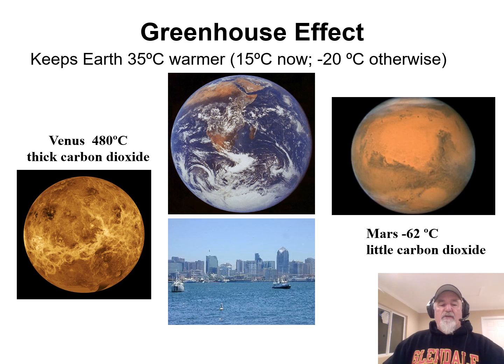So we do have some experience here. Here's our planet right here, just the Goldilocks effect as far as distance from the sun and the right amount of trace elements in our atmosphere. If we had way too much carbon dioxide, like Venus does, and it's very, very warm there, or too little, like Mars, where it's very, very cold, we'd be in big trouble.